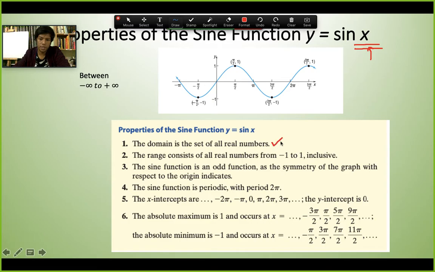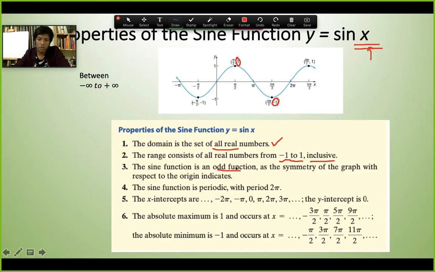That's why we say that the domain is all real numbers. But whatever value you put, your maximum value will be plus 1 and your minimum value will be minus 1, because the graph will flow within this space. Inclusive means they are included: plus 1 and minus 1 are included.